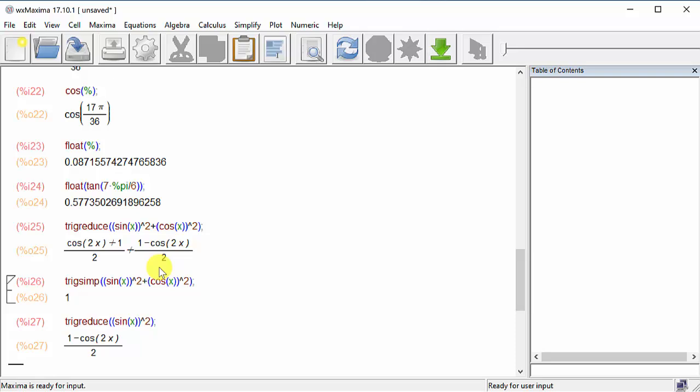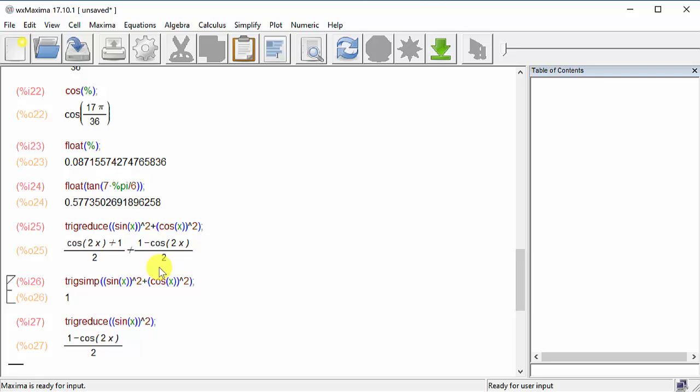All right, now last example. You remember your sum and difference identities, like cosine of a plus b, cosine a minus b, sine a plus b, sine a minus b, all that stuff. Let's see if it'll expand that out.